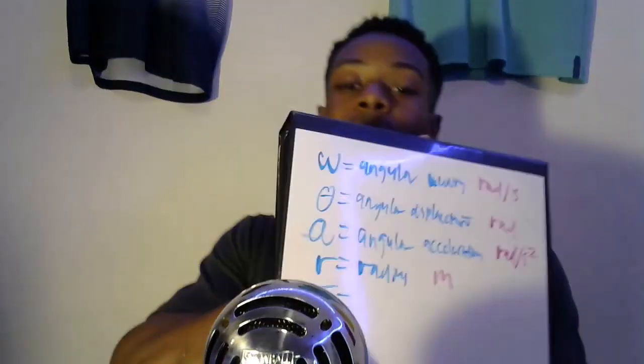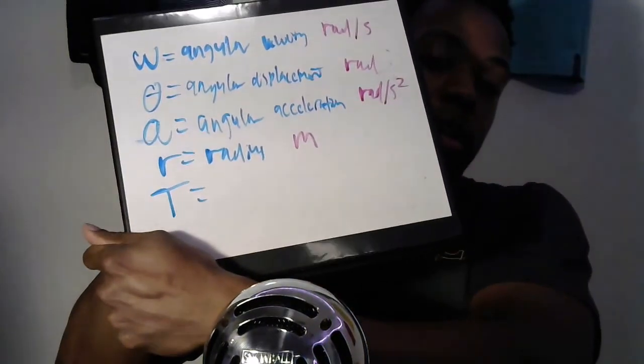And then one more that I think you guys might not be able to get too early on is going to be the capital T. If you've never seen this, the big capital T is going to be your period. So if you ever see anything where you want to solve for the period, that's it.